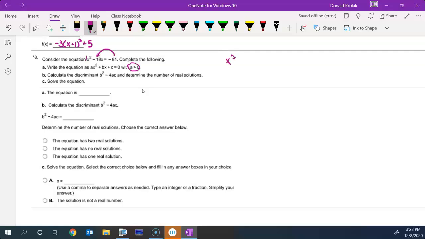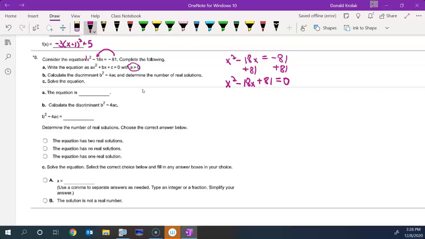If all I'm doing is rearranging this and getting it equal to 0, I'm adding 81. Okay, and the value of a right there is greater than 0 because it's 1. All right, so that's my first part.